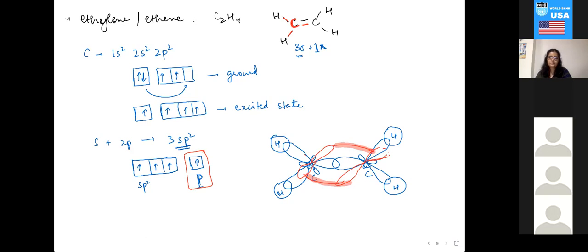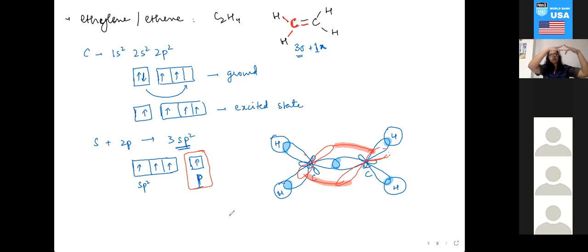So these are the sigma overlaps, here. This is the pi overlap. So the trigonal planar is on this plane, and the p orbitals are overlapping above and below this. So in the double bond, the pi overlap is happening above each other.